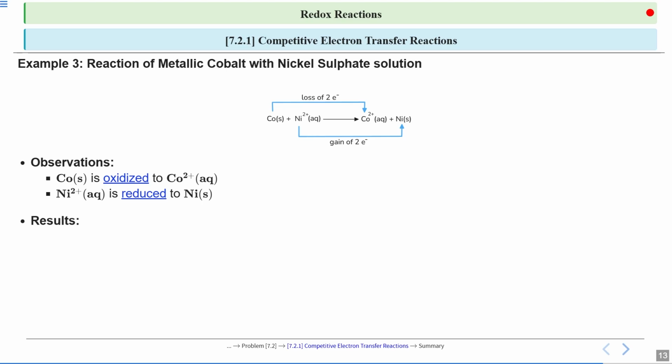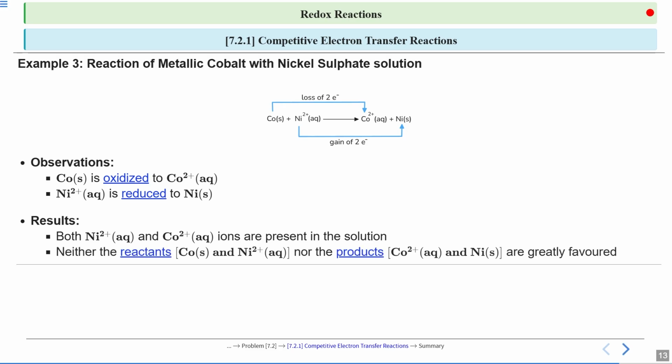So what are the results of this example? The results are that both Ni2+ and Co2+ ions are present in the solution. While neither the reactants, that means Co and Ni2+, nor the products, that means Co2+ and Ni, are greatly favored.